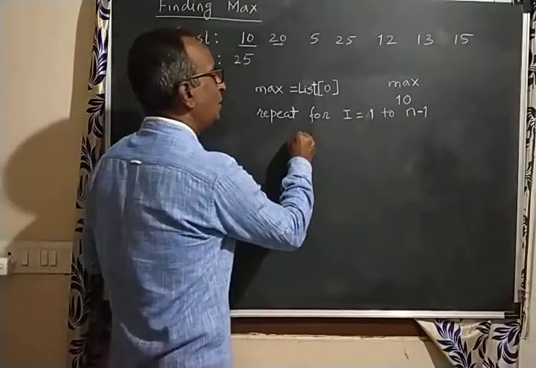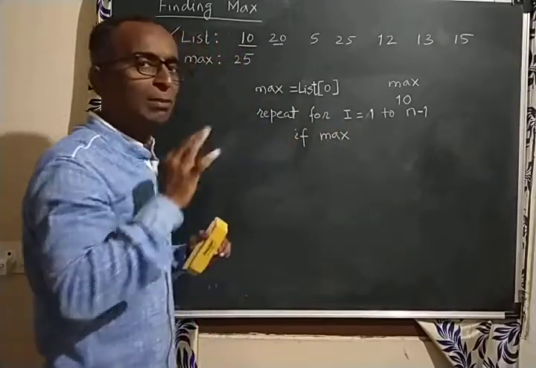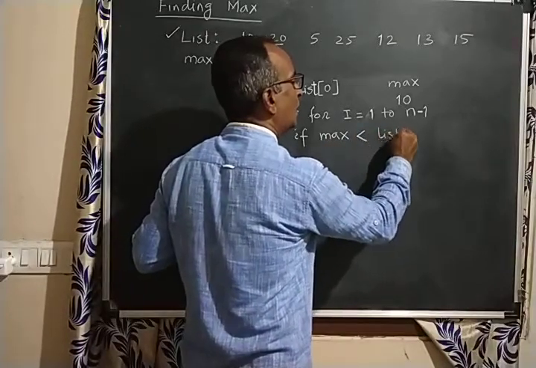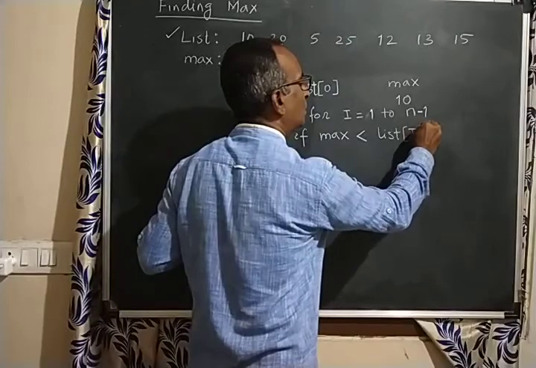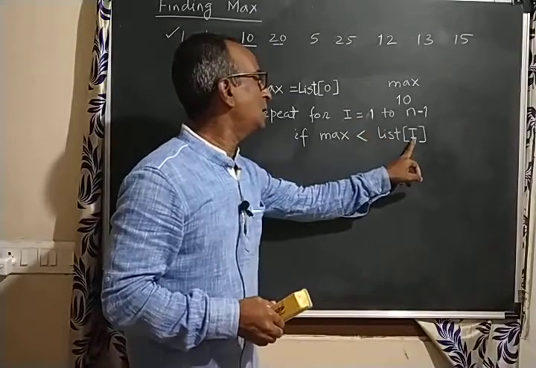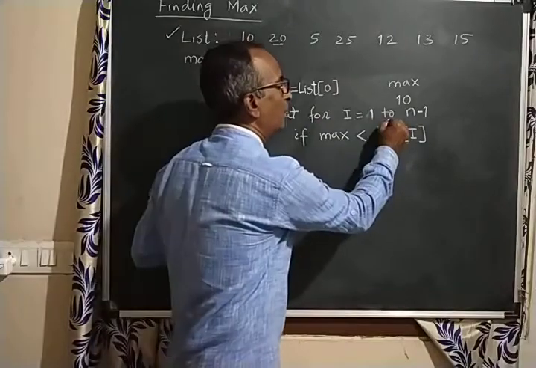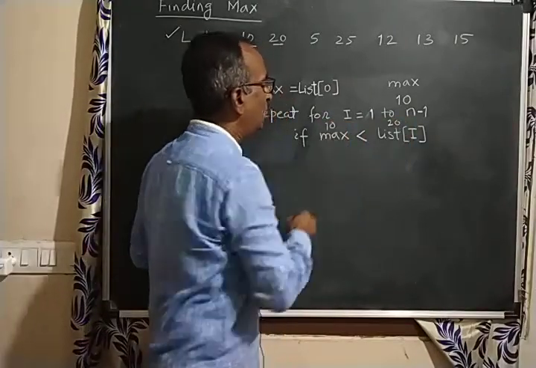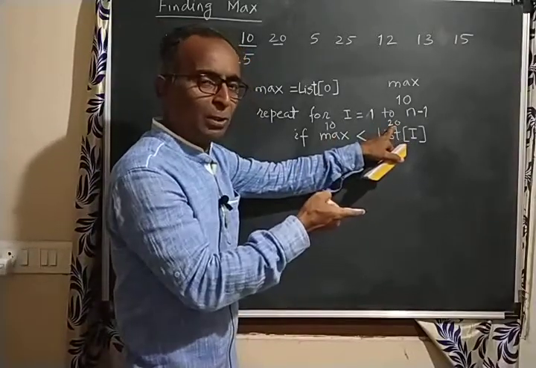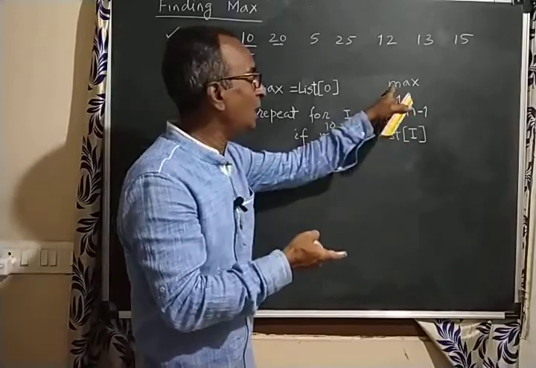Now what exactly are we doing here? If my max, whatever I am storing in my mind, if this max is less than list of i, what does it mean? I am reading the next number. i is now 1. The first number is 20. This is 20. This is 10. Is the condition true or false? It is true. It means the next number you have read is greater than the earlier max.